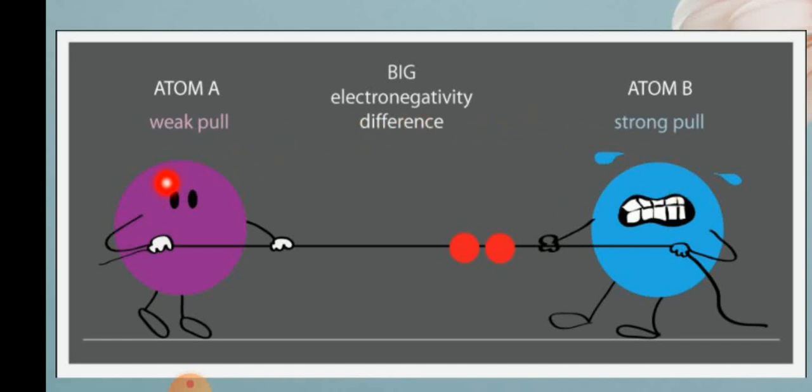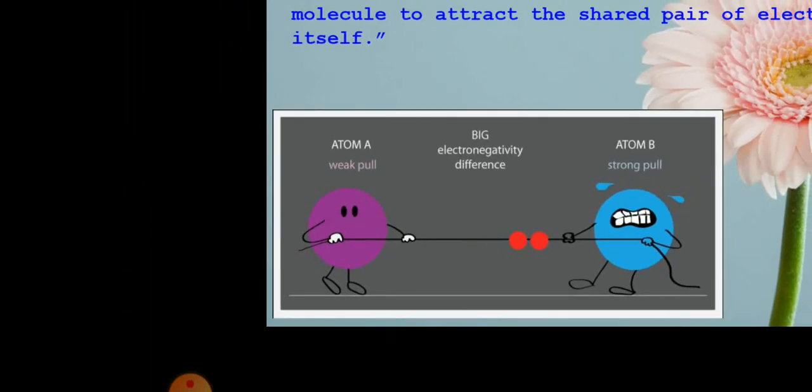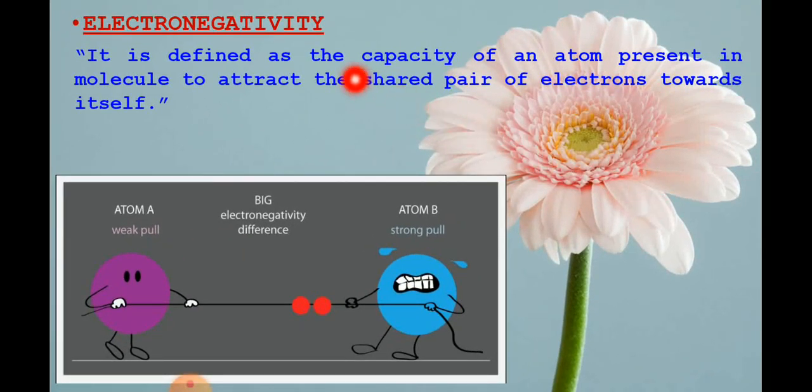Clear? So what's the definition now? It is defined as the capacity of an atom present in a molecule. Say this is the AB molecule. In this AB molecule, the capacity of the atom, here atom B's capacity is greater, to attract the shared pair of electrons towards itself.